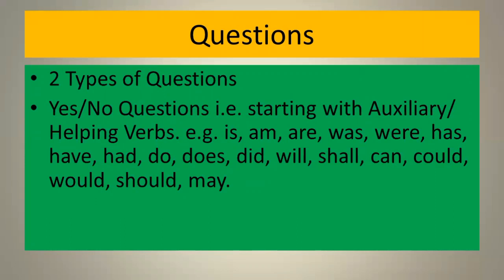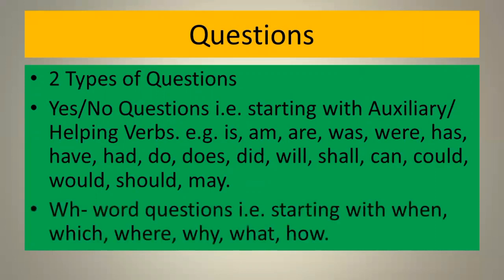Let me tell you that if a question starts with an auxiliary verb or a helping verb, it is called yes-no question. For example, is he a good boy? Yes, he is. And second type of question is WH word questions, that is starting with when, which, where, why, what, how. For example, where are you going?